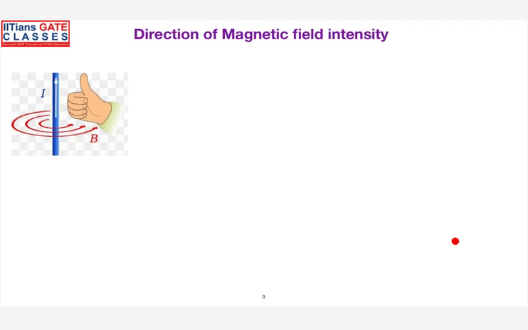So the first method, you can see here, this is your current carrying element. The current is flowing in the upward direction. So you start with your right hand and make sure that the thumb is pointing in the same direction of current. Then what is the encircle movement of the other fingers?